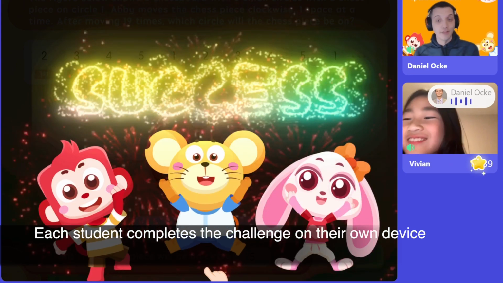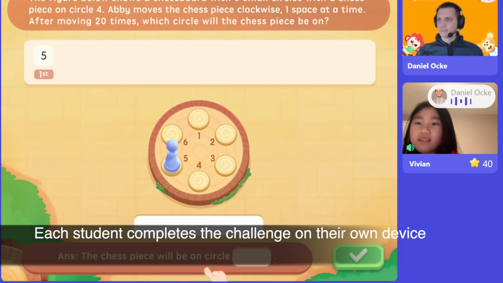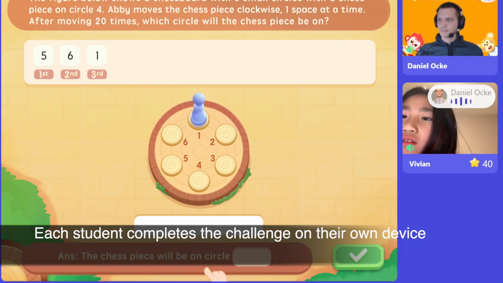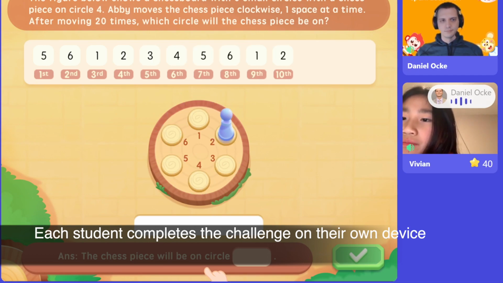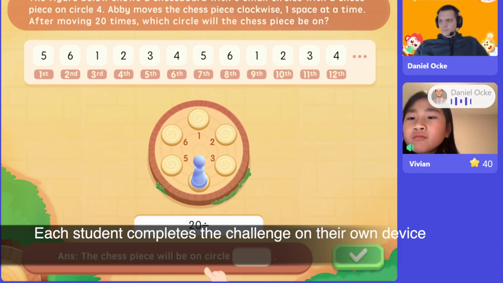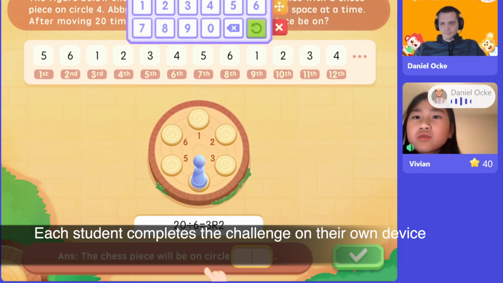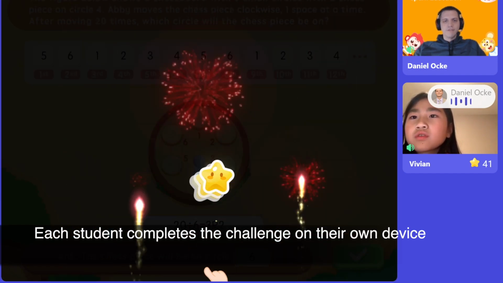It tells us what number in the pattern we're on. Good job, Vivian.